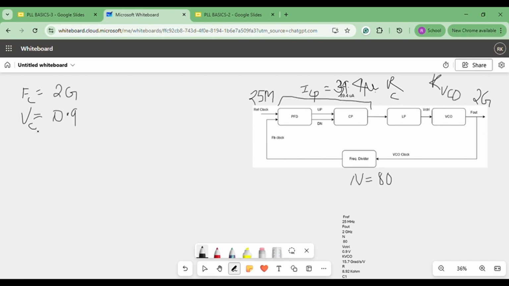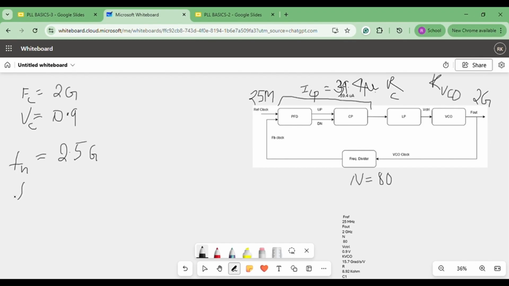Then we have assumed some upper limit and lower limit for frequencies, which are FH and FL, plus minus some 25%. So FH, the higher range, will be 2 gigahertz plus 25%, which is some 2.5 gigahertz.